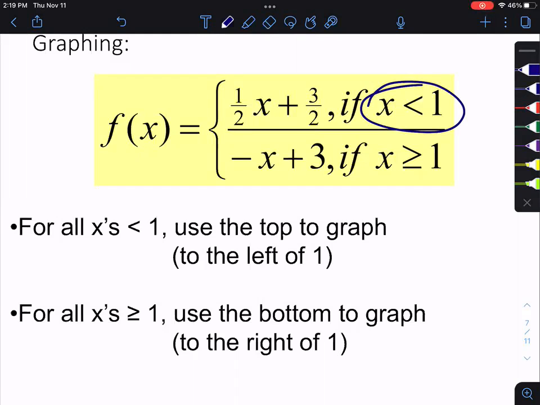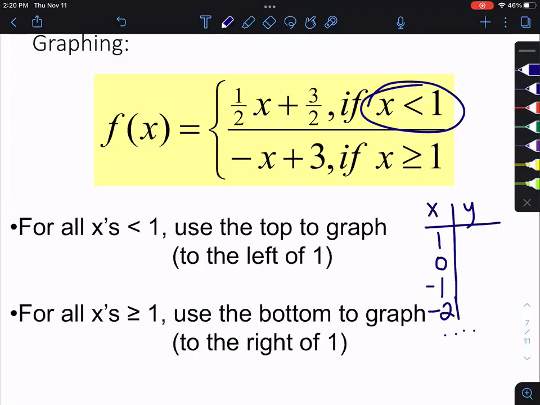We'll practice this later. So we would just make an XY chart. And I would start at 1. And if I go on a number line to the left, I would go 0, -1, -2, and so on and so forth. To the left. Your numbers are getting smaller as you head to the left.